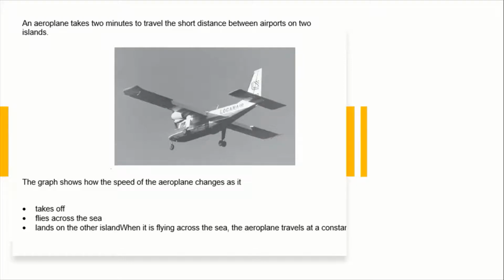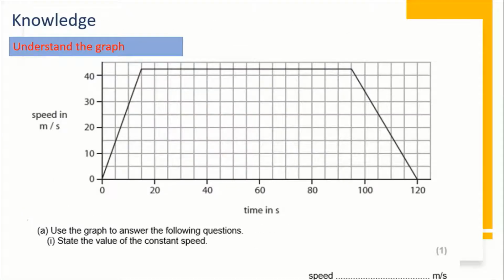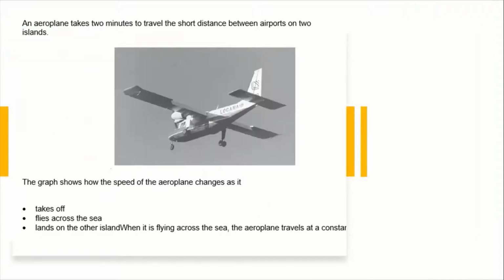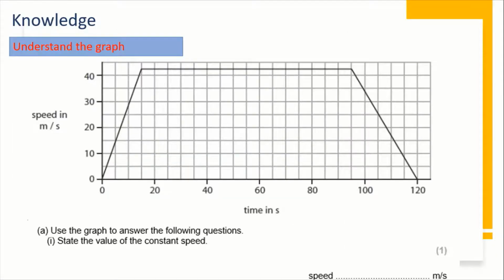When it is flying across the sea, the aeroplane travels at a constant speed. Right. So the graph is also given. You have the description here, and then you have a graph as well.